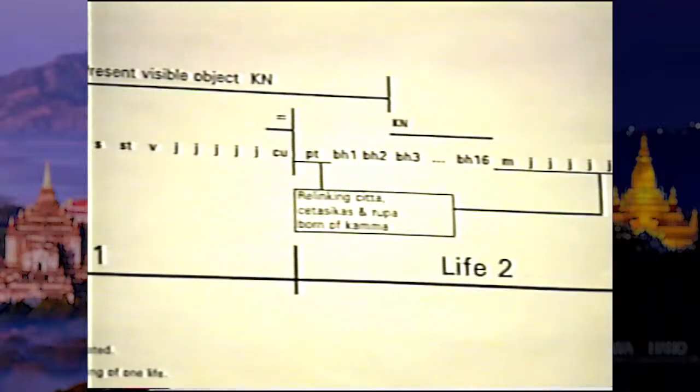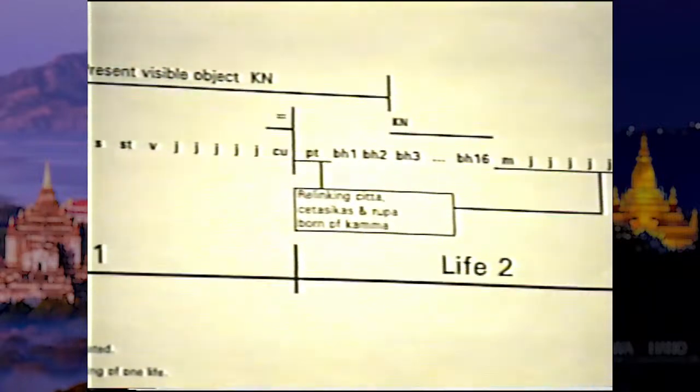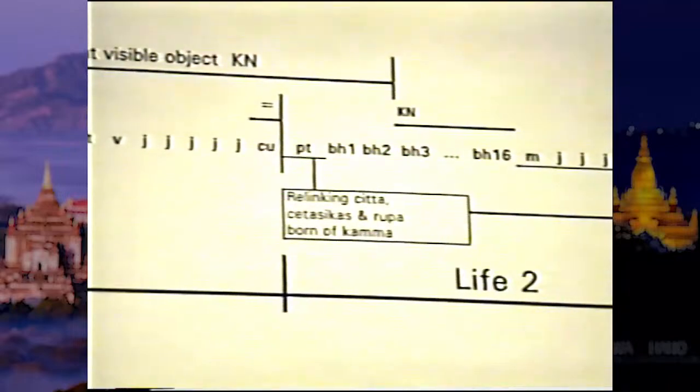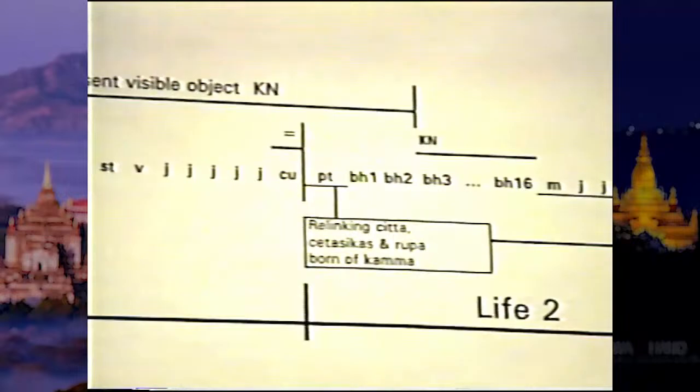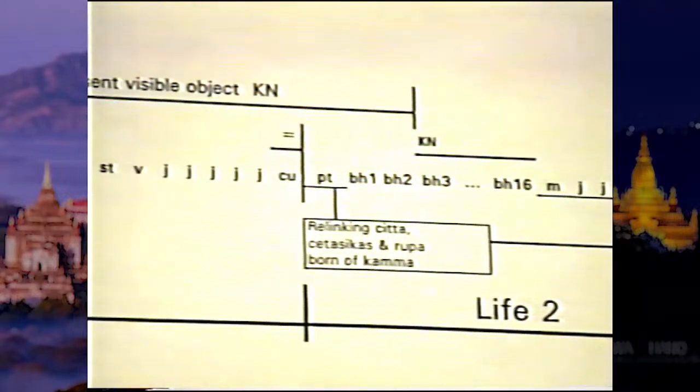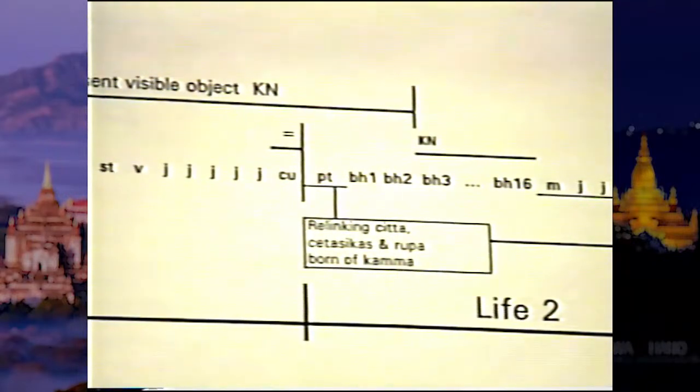Okay. Now it reaches the next sub-moment. That moment is the third sub-moment of patisandhi, but the second moment of temperature-born. So at that moment, it produces another temperature-born. So from the second sub-moment of patisandhi onwards, at every moment, temperature-born rupa arises. Now you understand that? Okay, very good.